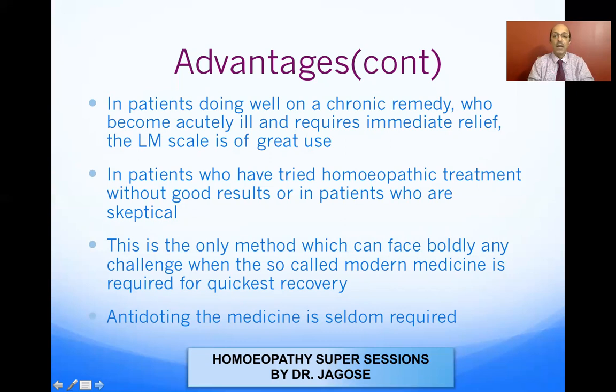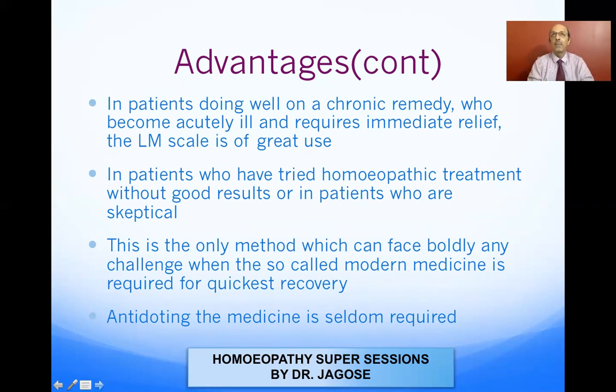In patients who have tried homeopathic treatment without good results, or in patients who are skeptical, even LM potency can be used. They haven't got the desired results, probably because the physician has used the centesimal scale, which is the most commonly used scale. So in many instances, if you use the LM potency, it gives you miraculous results.